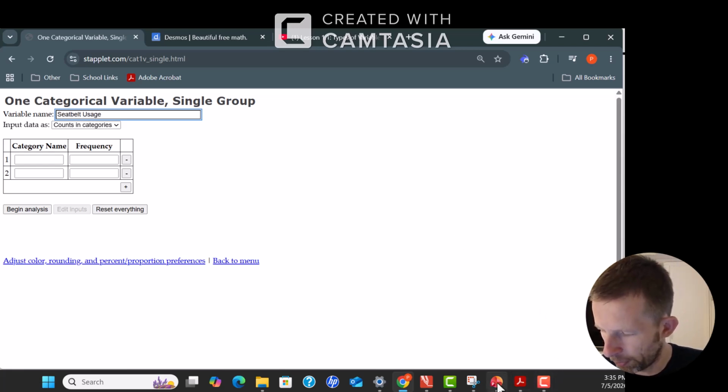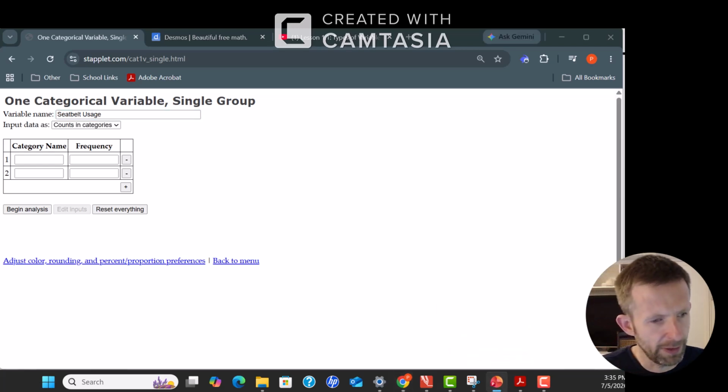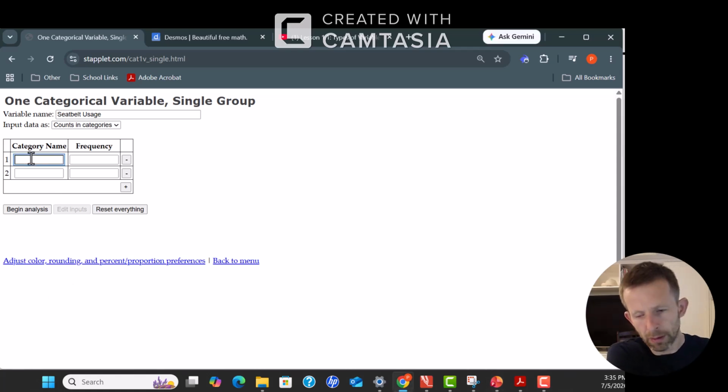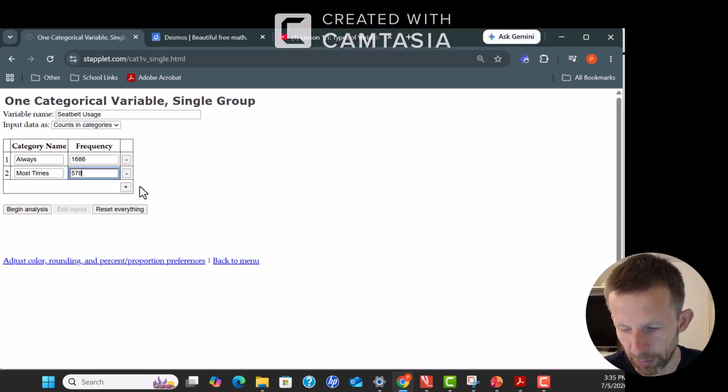And I'm actually going to pull up the data on the side. So my category types are always and 1686, most times 578. I'm going to add a couple categories.